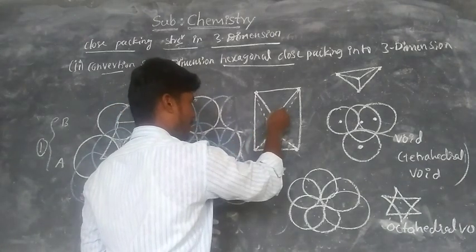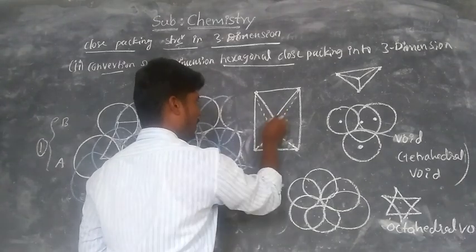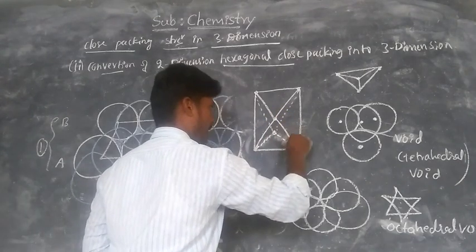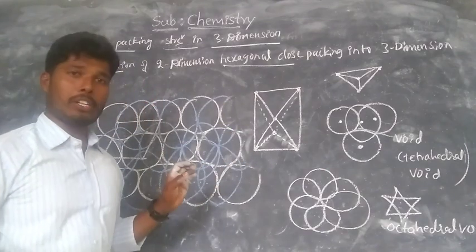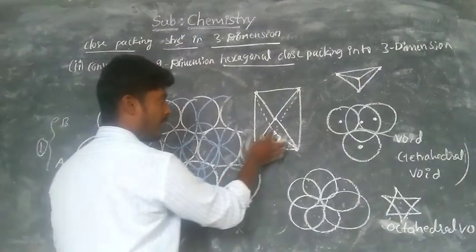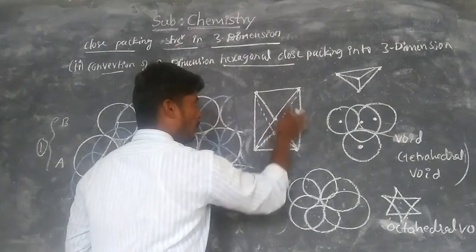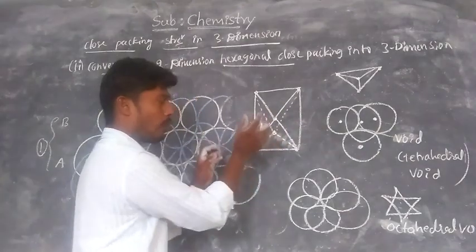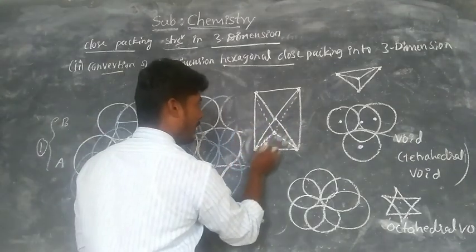So join from here to there. Let it come like this. Now this is an octahedral geometry. See how many triangular faces are visible. 1 triangle, 2, 3, 4. From this side that is 4. Similarly see this, 1, 2.